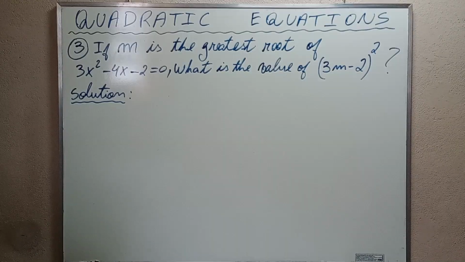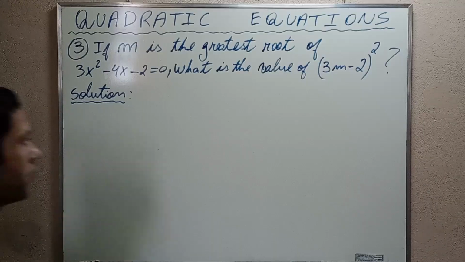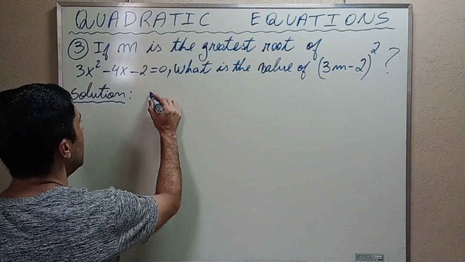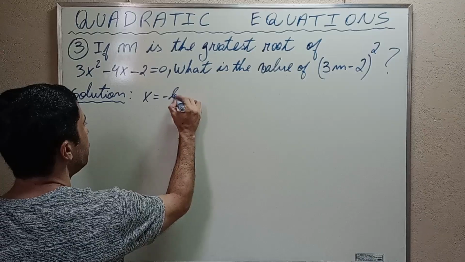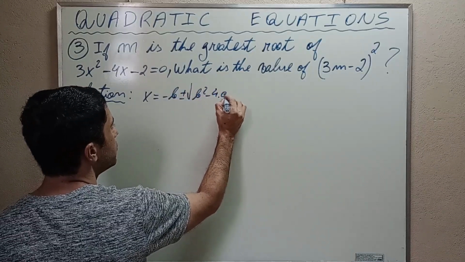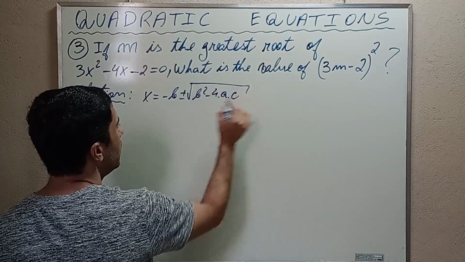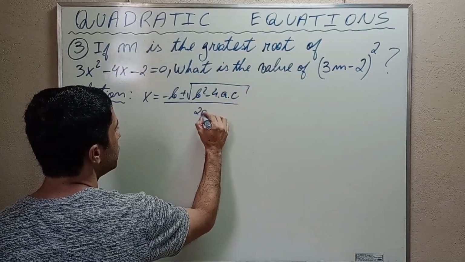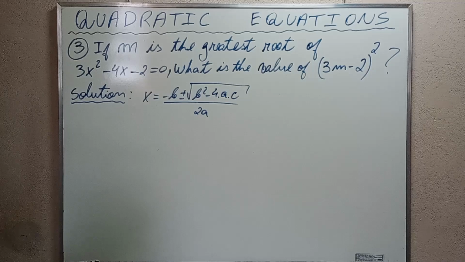As it was done previously, we will use the quadratic formula. The quadratic formula is x is equal to negative b plus minus the square root of b squared minus 4 times a times c, divided by 2 times a. Okay?